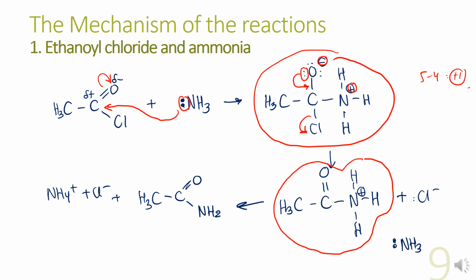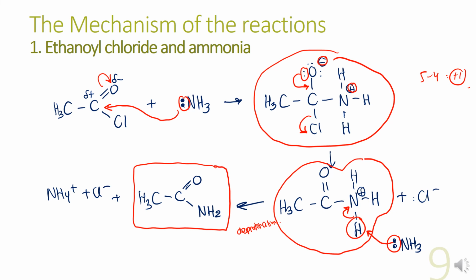Okay, and then here is the deprotonation process, you can name it like this. In this case, the proton will be taken by ammonia instead of by chloride ion. So ammonia will grab the proton, and thus our final product is this one.